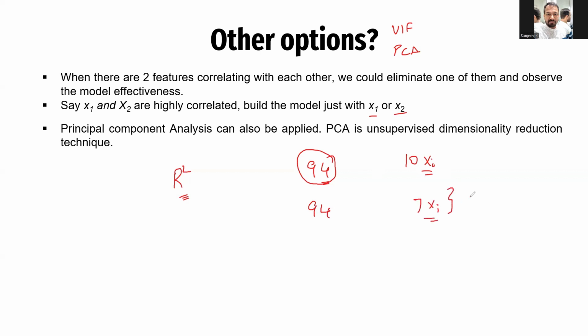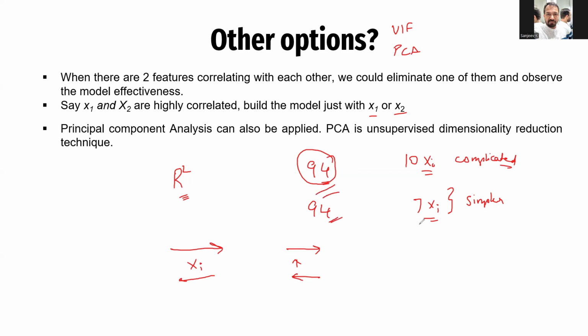This would be a simpler model, and the other would be a complicated model. As I increase my independent features, the complexity also increases. The fewer the independent features, the simpler the model, provided you have the same metric.